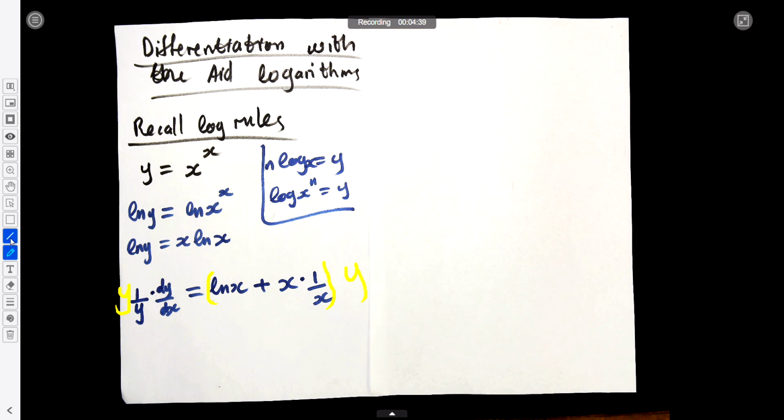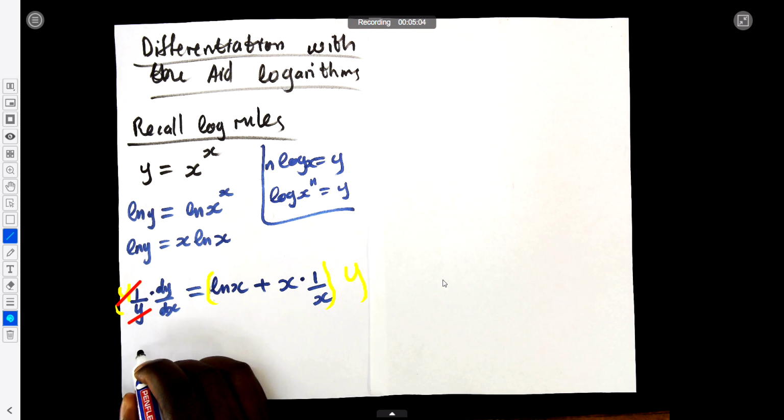So y divides y on one side, and on the other side it is multiplying.